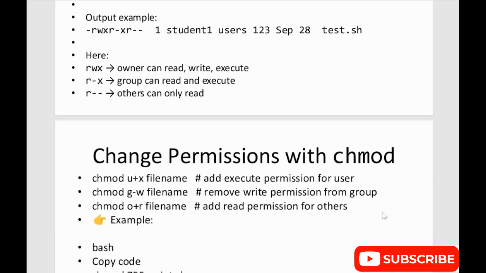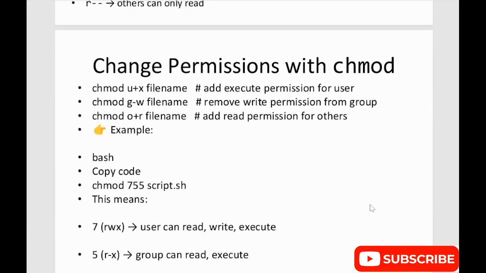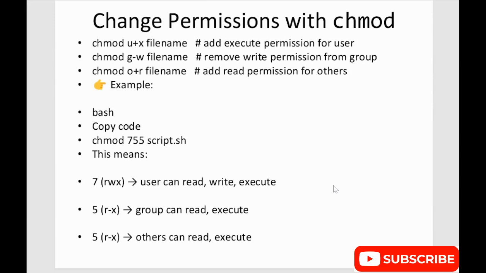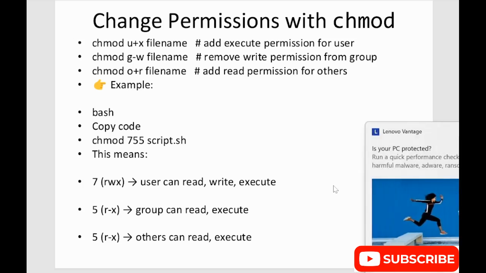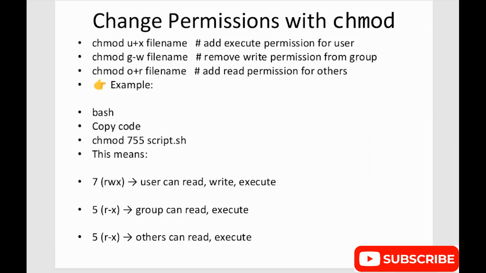Next one is to change permission with chmod. Suppose you have given the permission like read, write, or execute, but if you want to change the permissions, for changing the permission we basically use chmod. Okay, this command we use to change the permission.